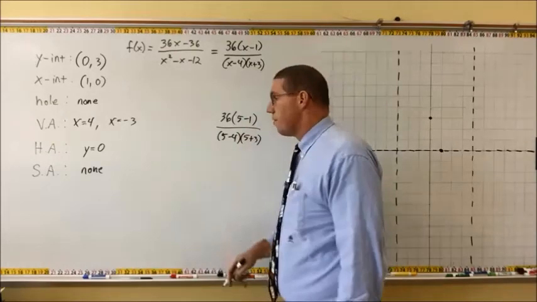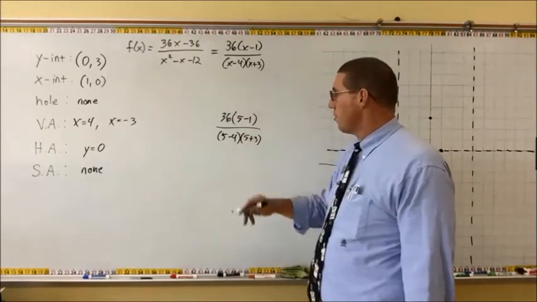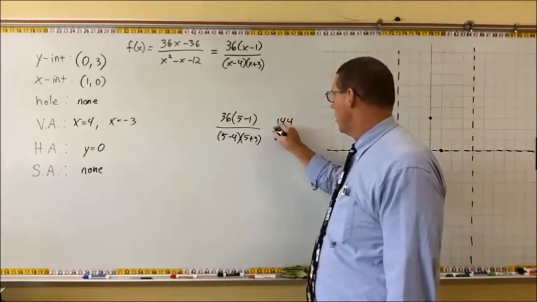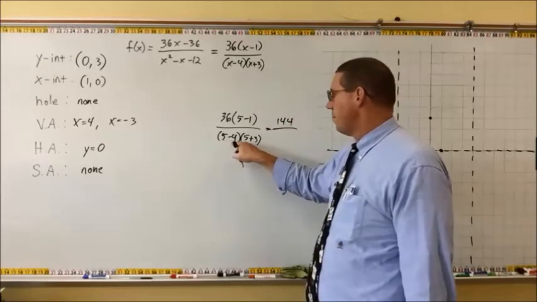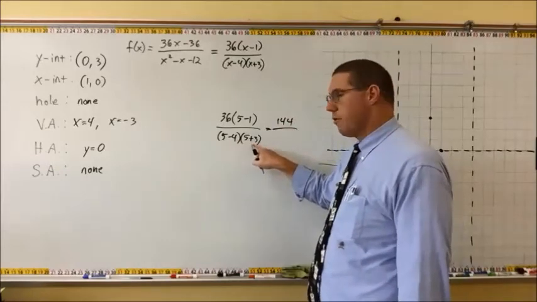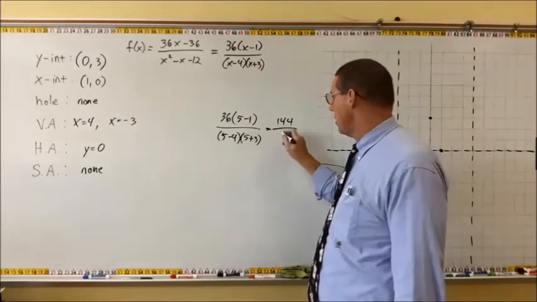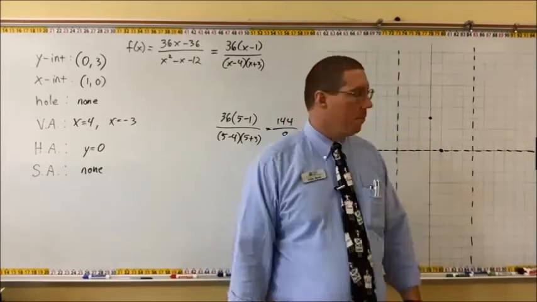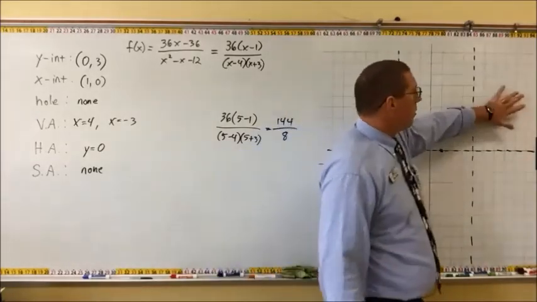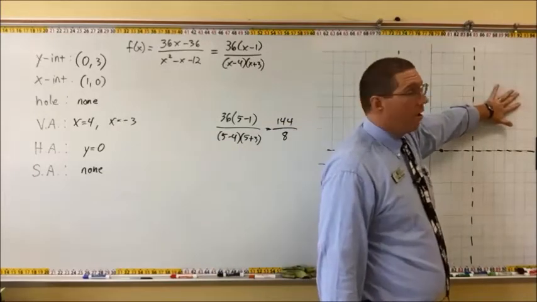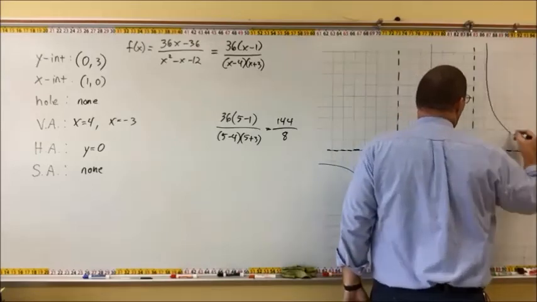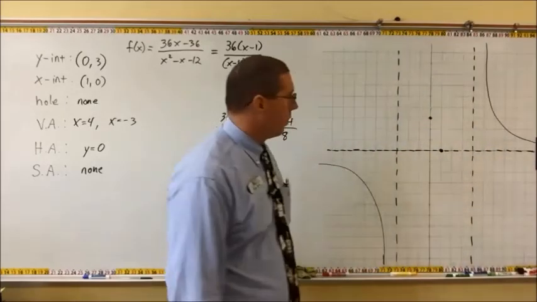Well, 5 minus 1 is 4, and 4 times 36 is 144 over 5 minus 4 is 1, 5 plus 3 is 8, 1 times 8 is 8. We've got a positive divided by a positive. Well, positive divided by a positive is a positive, so we know that it's going to be up here in the top right. Okay? And so we're just going to come up here and draw an arbitrary curve that looks like that.